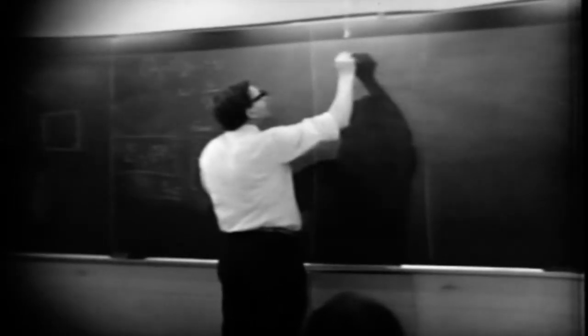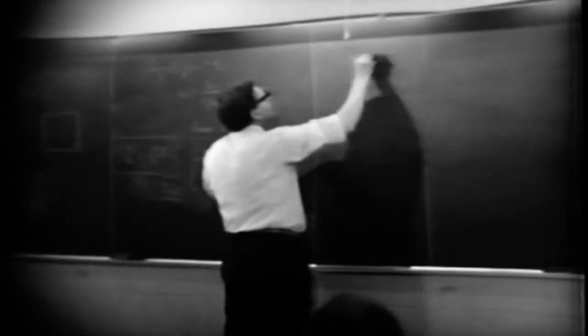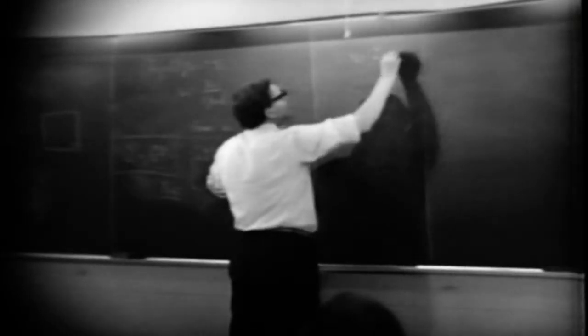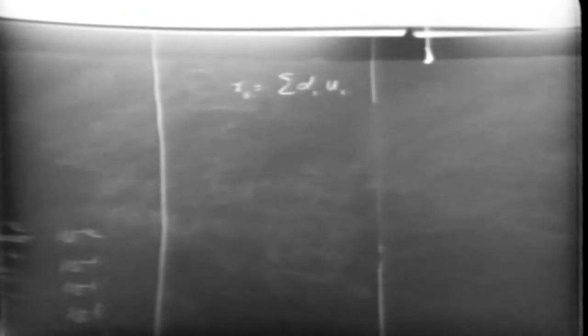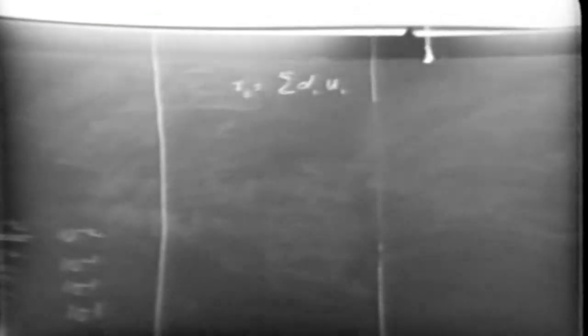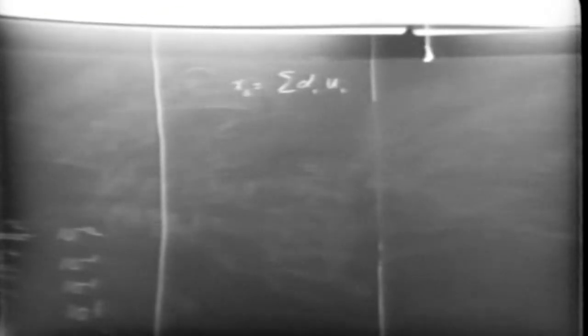We start off with our arbitrary vector x0, which is the sum of alpha_i u_i. We're assuming it's not defective, and so we've got a complete set of eigenvectors, and we express our arbitrary vector in terms of them.